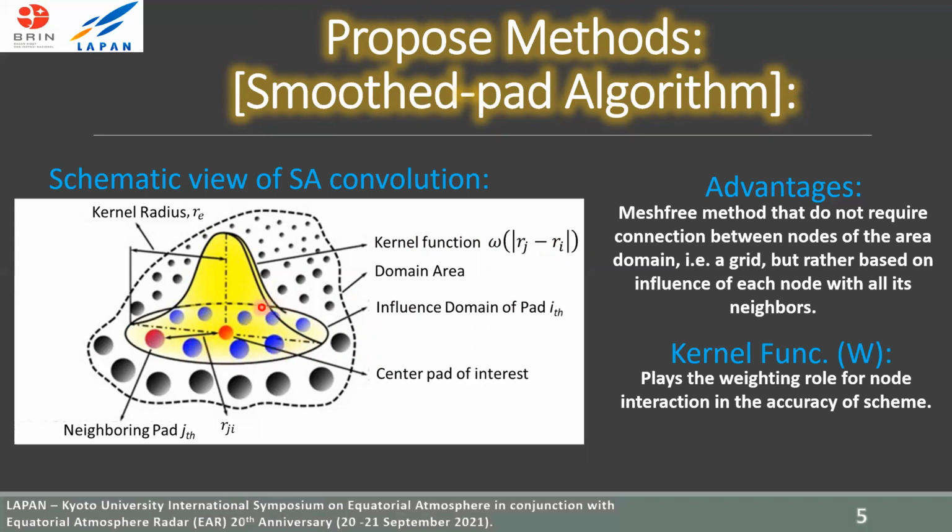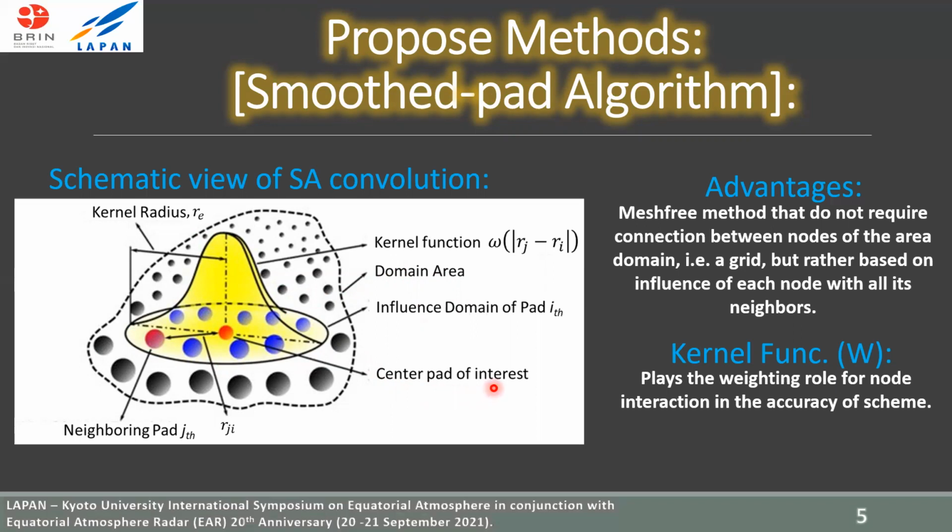Some of the antenna positions are grouped in one circle inside the kernel radius, and we also divide the kernel function and domain area, and the center of the path of interest.